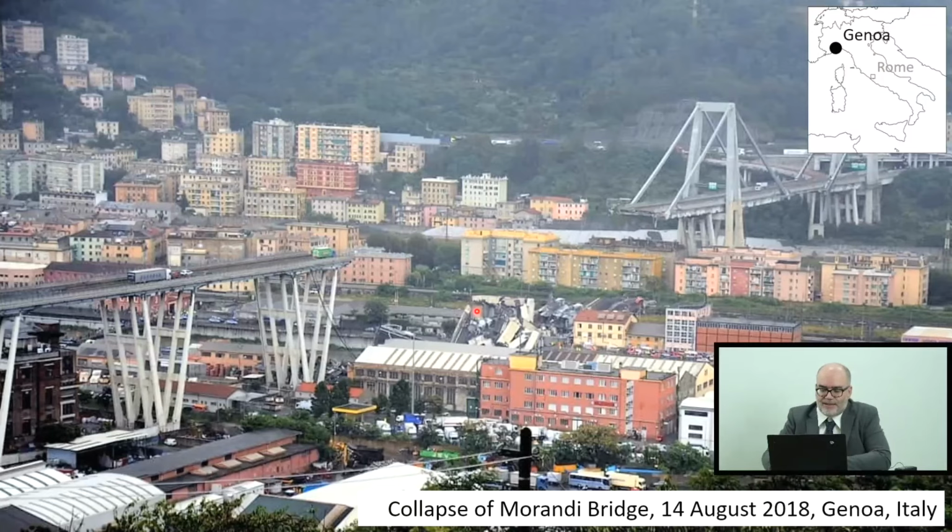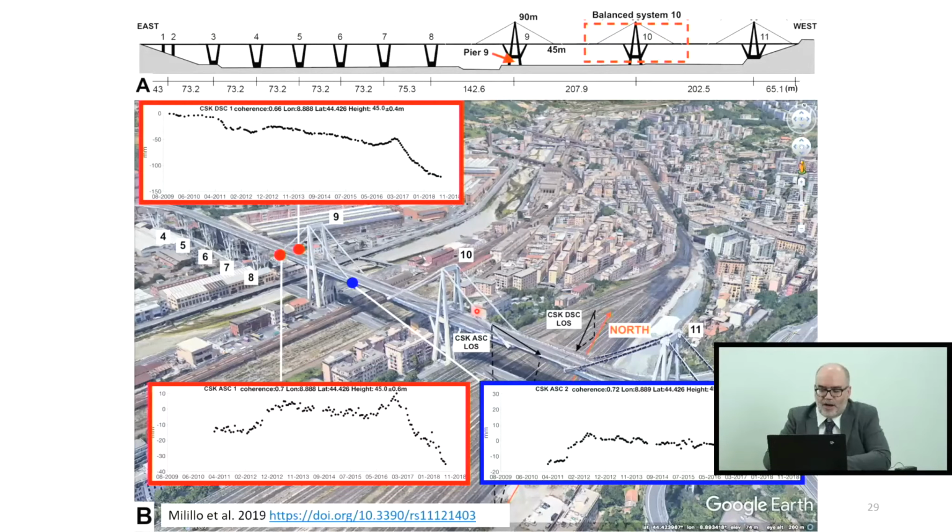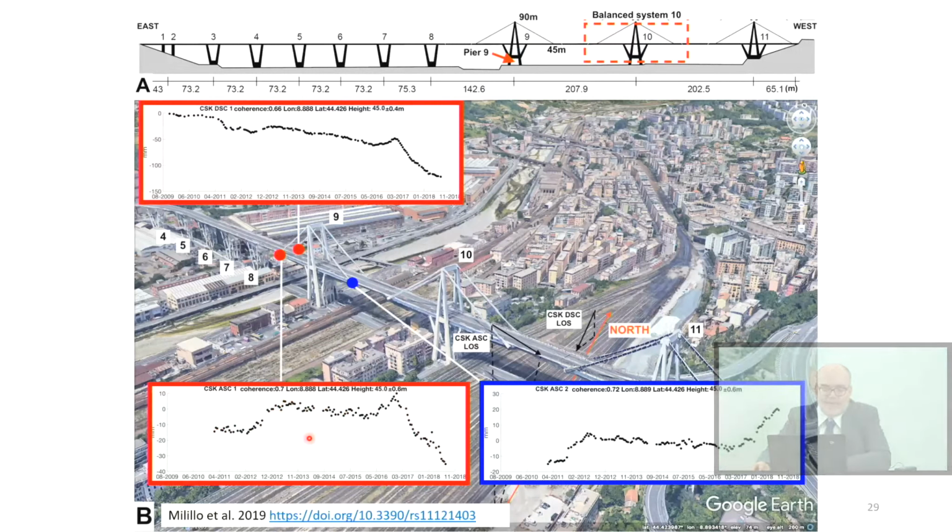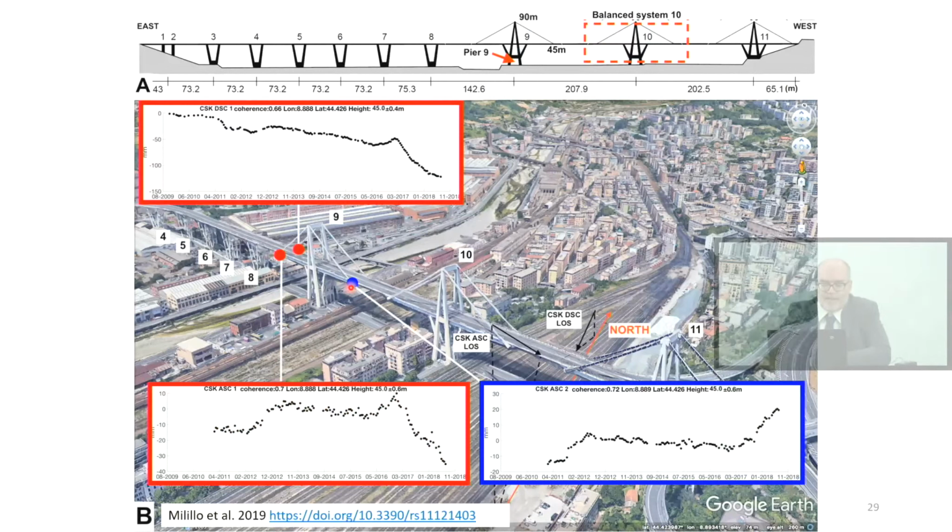kind of infrastructure. So by applying similar techniques as we saw before, we can select a few permanent scatterers, and for these permanent scatterers, we can observe how the displacement varies in time. And we can observe different permanent scatterers in different parts of the bridge. For instance, these two reds, this one in the southern part, and this is the second one in the northern part.